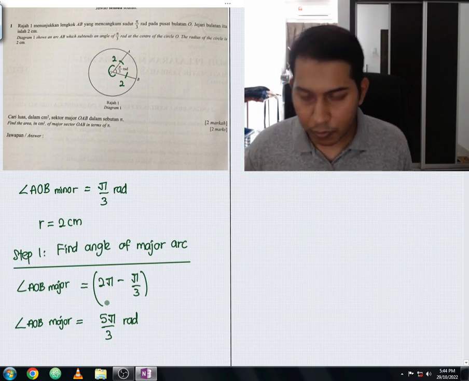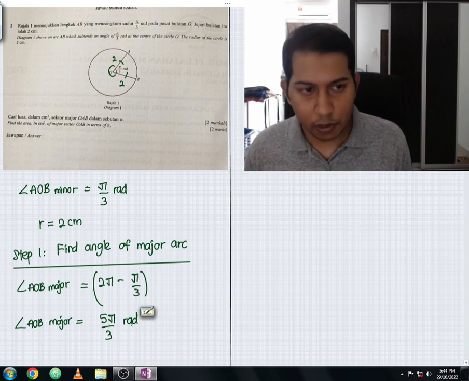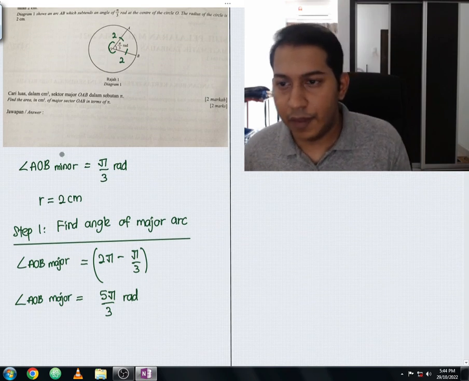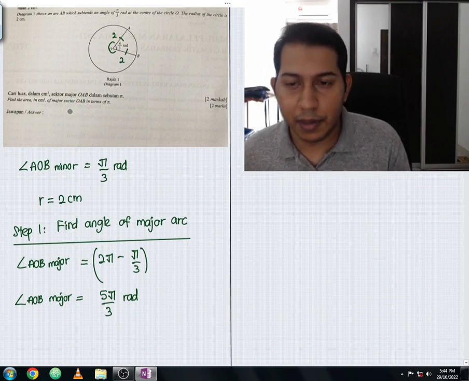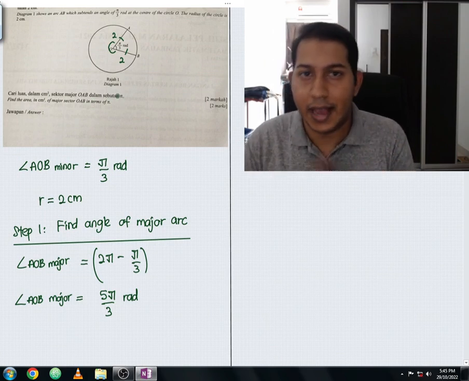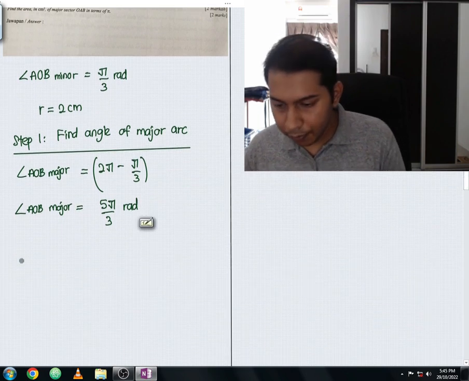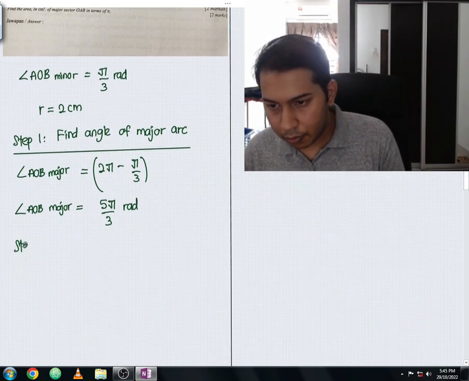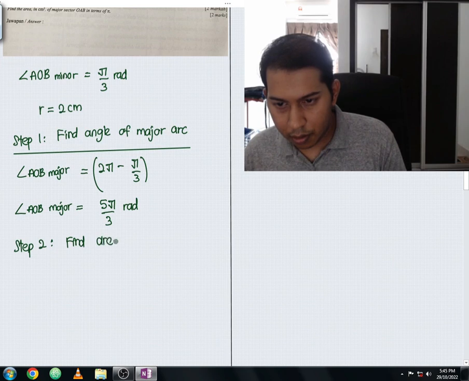Now once we already get the angle, the next step will be very simple. We can proceed to find the area of the major sector OAB. But remember, we need to express it in terms of pi. We should not give it as an exact value. So let me proceed to the second step. Step 2, find area of major sector.